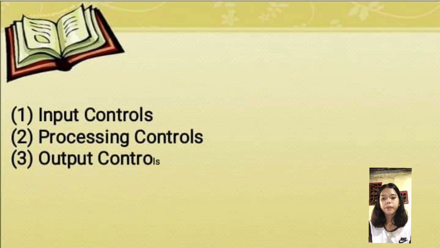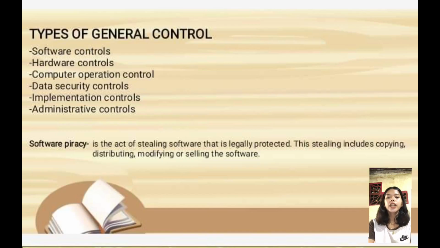So, always bear in mind that not all the application controls discussed here are used in every information system. Some systems require more of these controls than others, depending on the importance of the data and the nature of the application. So next, we will go to the general controls. There are types of general control. The software control.